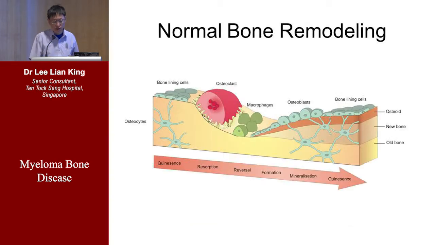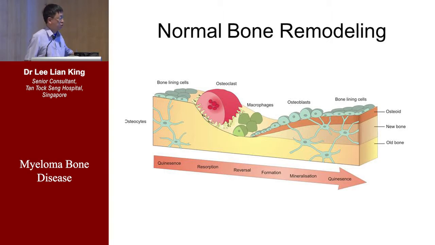Now, this slide shows that in normal people, for every one of us, bone marrow is not a static organ, not a static structure. There's always a remodeling process going on, and it is carried out by two sorts of cells. One is the osteoclast, and the other is the osteoblast.